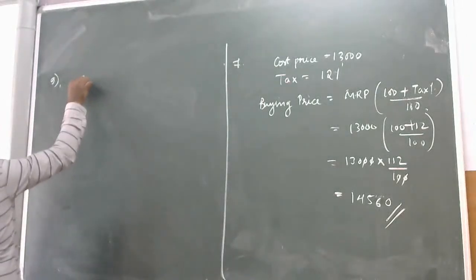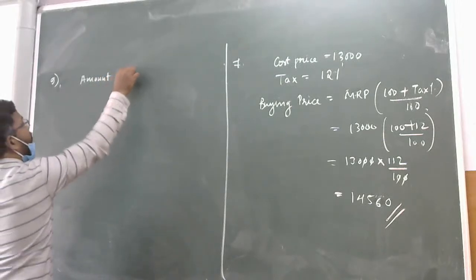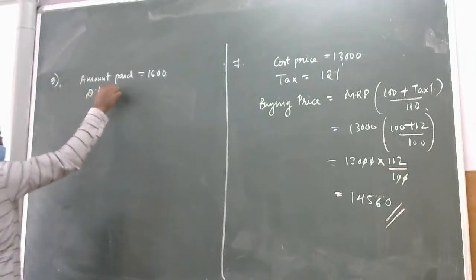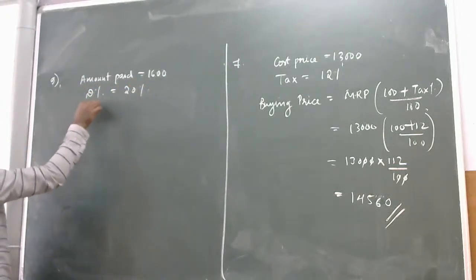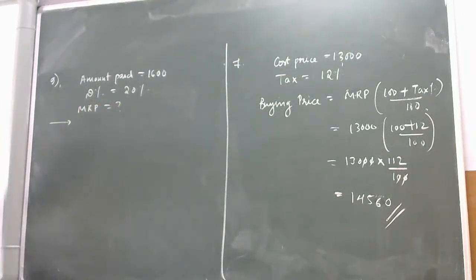So amount paid is 1,600 and discount percentage is 20%, and now you have to find the MRP. Just now in the previous question we have done this.